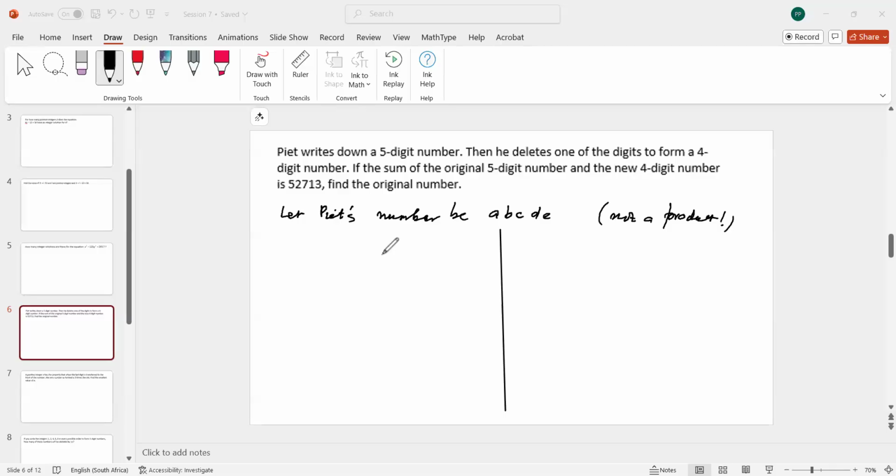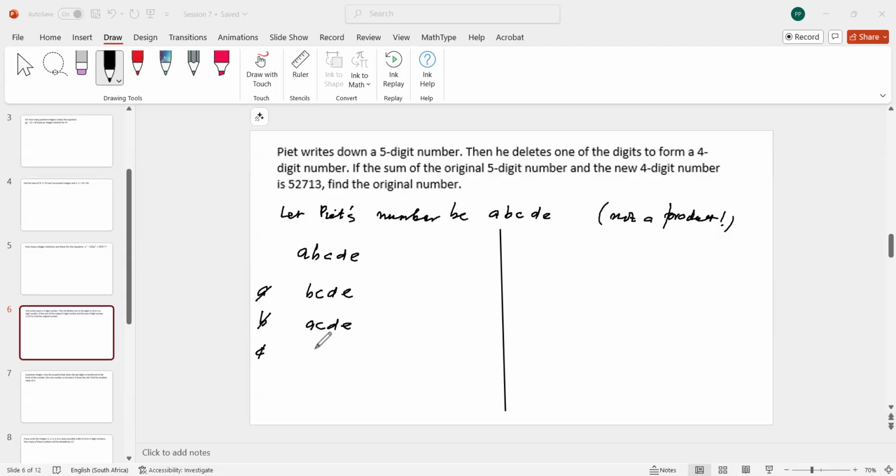It deletes one of the digits to form a 4-digit number. So you've got A, B, C, D, E, and it deletes 1, right? If he knocks off A, if he deletes A, then you've got B, C, D, E. If he deletes B, you have A, C, D, E. It says it forms a 4-digit number.